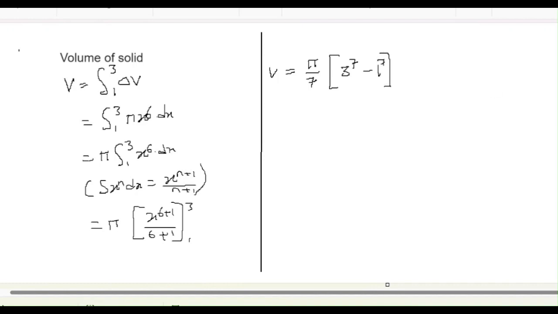Now you simply have to calculate these values to find the final volume of the solid, and after calculations this comes as 2186 pi divided by 7. So this is the volume of the solid we got by using the disk method. Hope you understood the process.